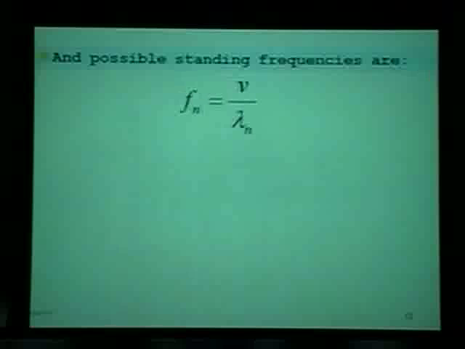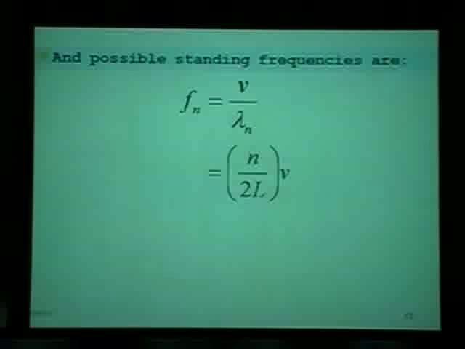Since we know that the frequency equals the velocity divided by the wavelength, the possible frequencies that would cause standing waves would be equal to the velocity on this string divided by the wavelength that we just introduced. So that would be n over 2L times the velocity on this string.